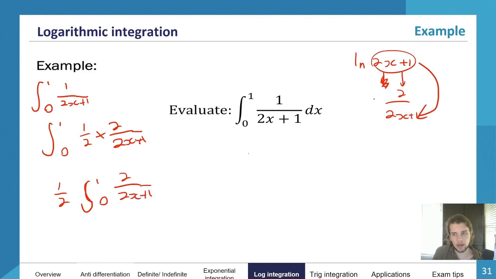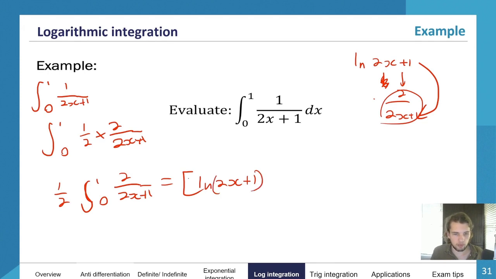2x plus 1. And now we're looking like we're in the right form. So we can utilize this logarithm that we hypothesized would be related. And we can't forget our 1/2 as well. 1 to 0. So that means we have 1 over 2 ln(2 plus 1) minus 1 over 2 ln 1, because our 2x becomes 0.